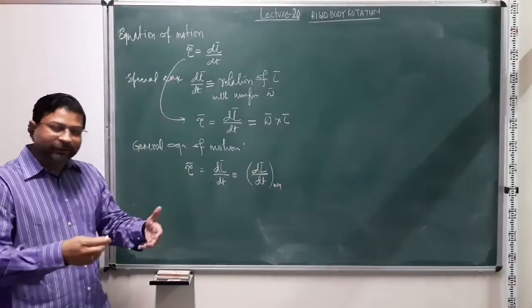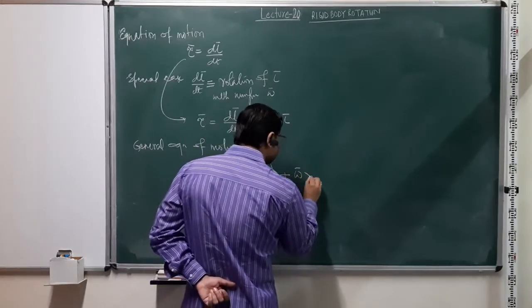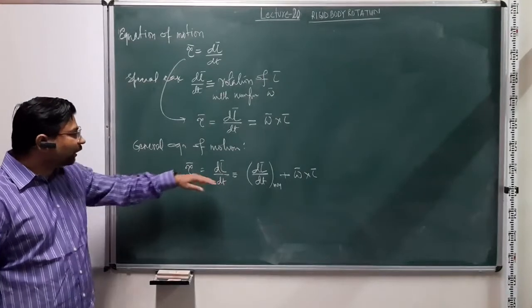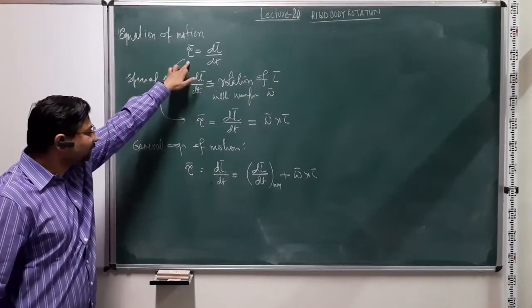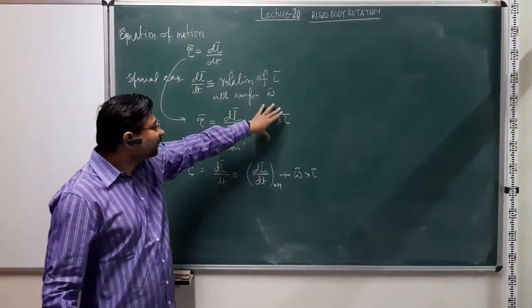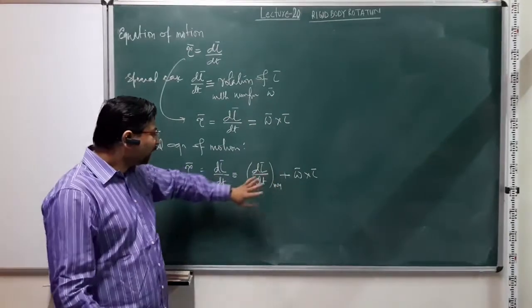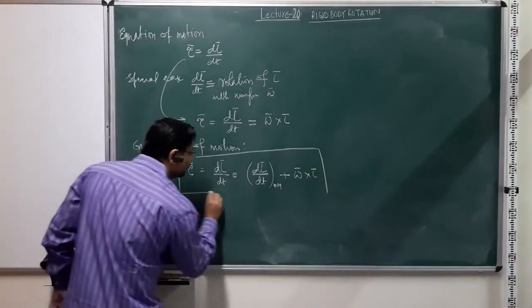This is the magnitude rate of change of angular momentum plus whatever comes because of this kind of rotation. Right? So this becomes a general equation of motion for rotation. However, now the special case is a part of this entire motion, right? Then this is basically our equation of motion.